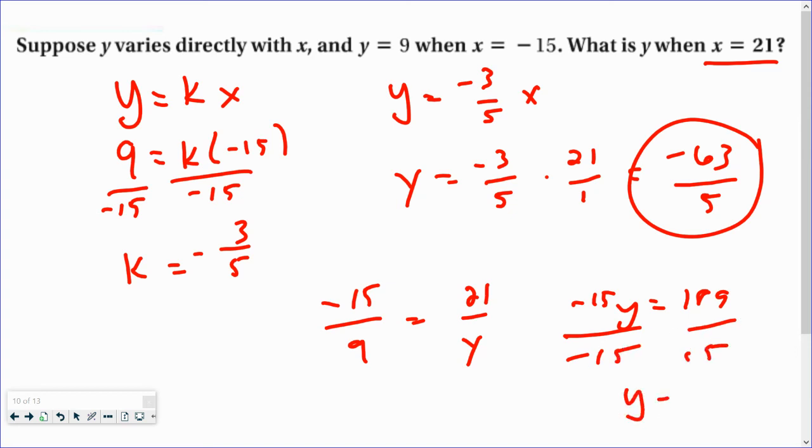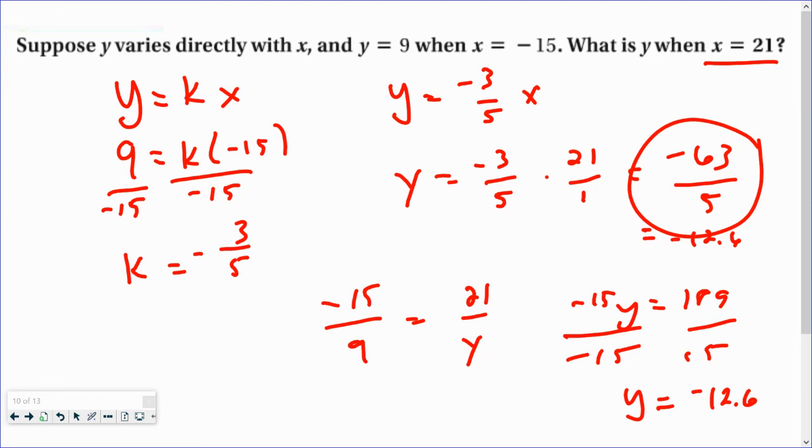Y is equal to, well, gotta get that calculator again because that's not one of those things I keep in my mind. That's 12.6. Well, but that's not 63 over 5, but this is negative 12.6. And I forgot the negative sign. So yeah, can I do this as a proportion?